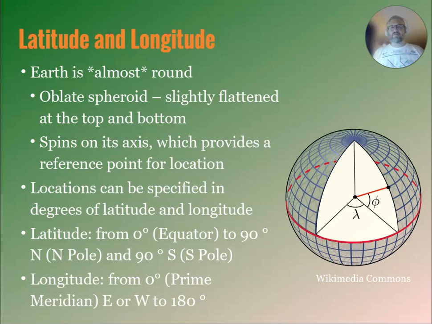Now, just as a fun question, do you want to take a guess what the latitude and longitude of Slippery Rock are? You can pause this if you want to take a minute and try to guess. So I will now tell you Slippery Rock is about 41 degrees north.